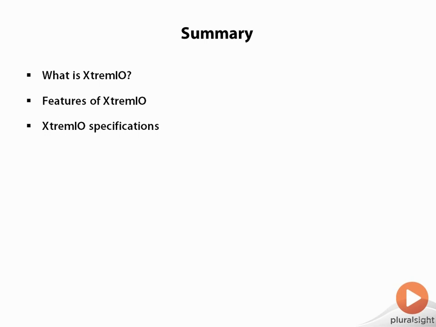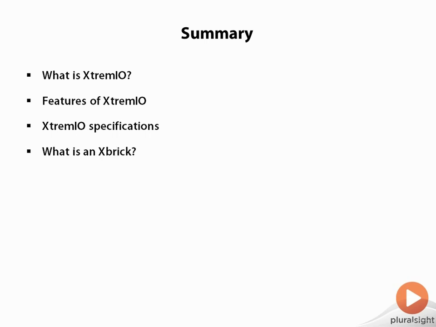Then we talked about the specifications, the size of the bricks, the capacity, the capabilities. So the 10 terabyte bricks at 7.5 terabyte, the 20s at 15 terabyte. We talked about the RAM, 256 gig of RAM per controller, the number of cores, the number of ports, Fibre Channel, and iSCSI.